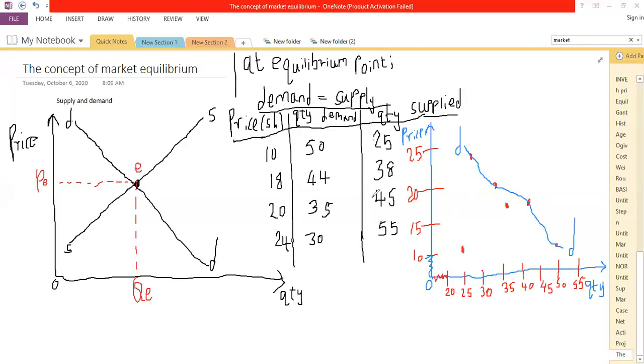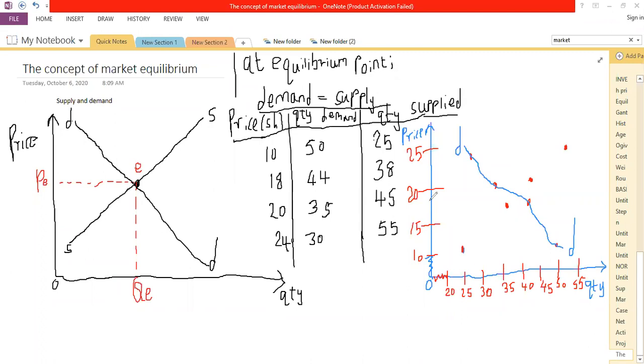At a price of shillings 20, we have 45 units. And then at a price of shillings 24, we have 55 units, somewhere here. You come and join your points.